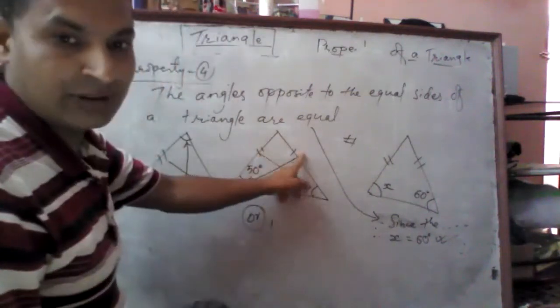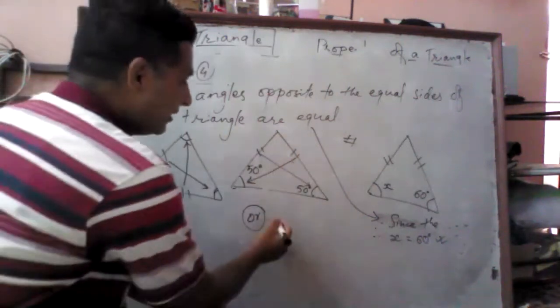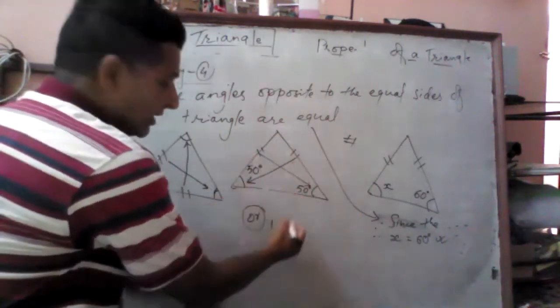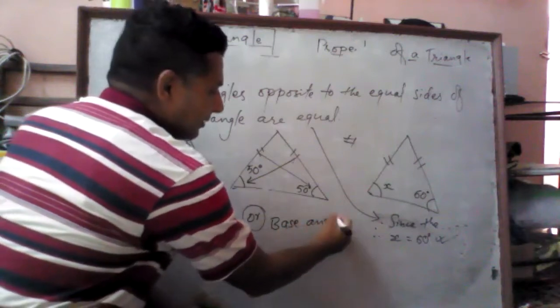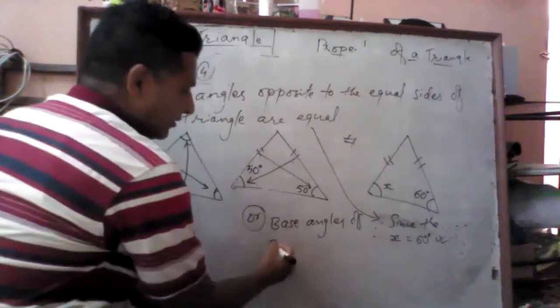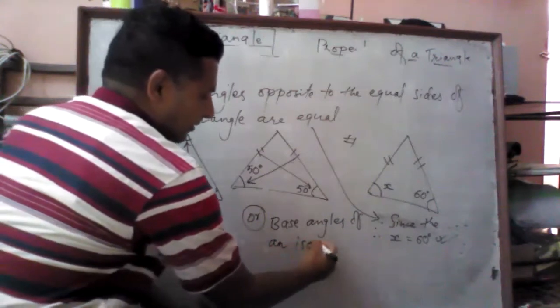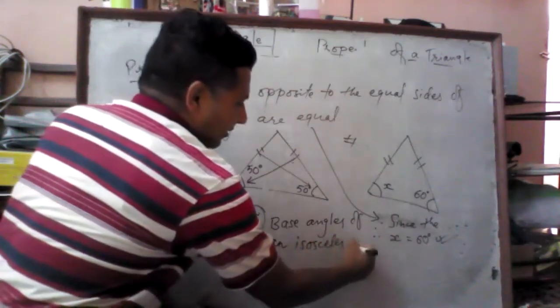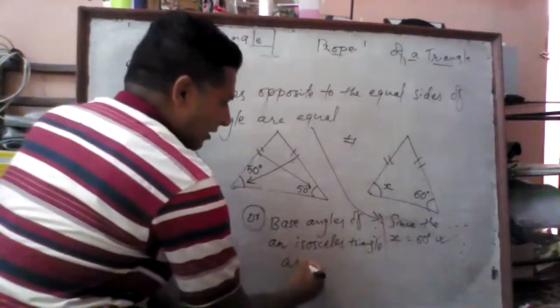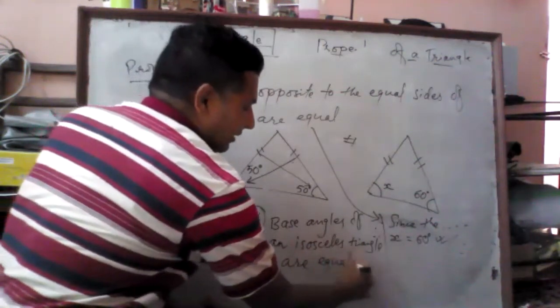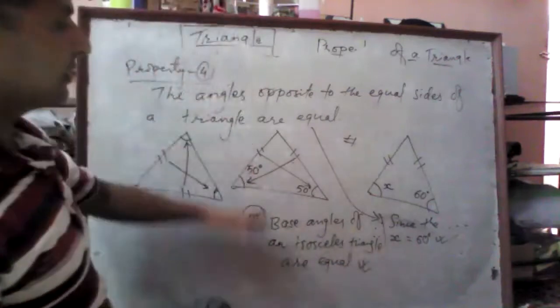If two sides are equal, then we call it an isosceles triangle, and these are called base angles. So the base angles of an isosceles triangle are equal. Like this also we can express the same fact.